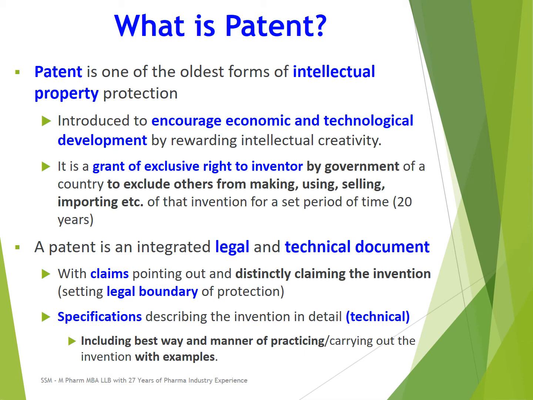The description part provides all detailed information, complete detailed information about your invention, including the best way and manner of practicing the invention, along with examples. So a patent document is basically a legal as well as technical document. It is very informative, having a huge amount of information about the invention.